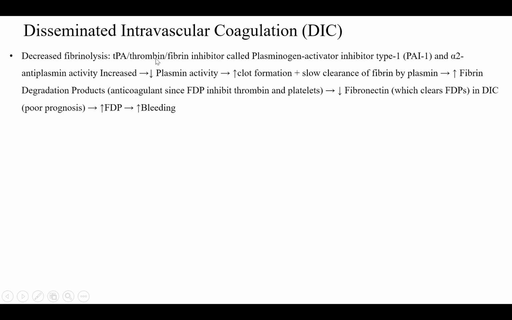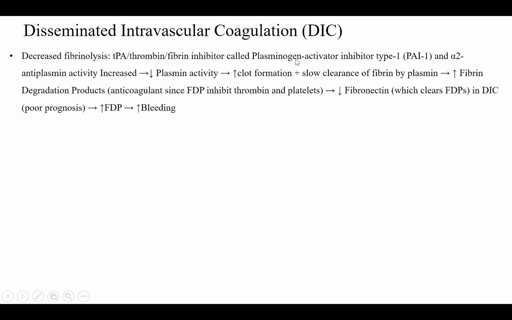And what are those things? You have TPA, thrombin, and fibrin. These three are basically converting plasminogen into plasmin, and you have too much activity of plasminogen activator inhibitor, and antiplasmin activity is increased. You have too much activity going on for PAI and alpha-2 antiplasmin.